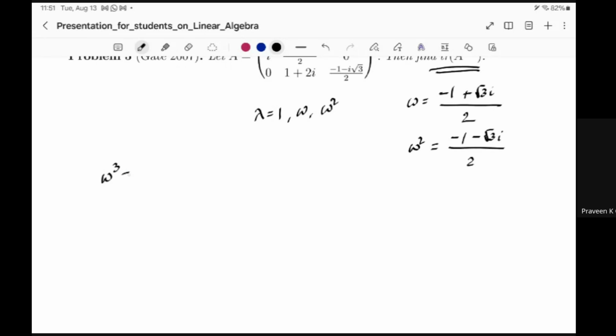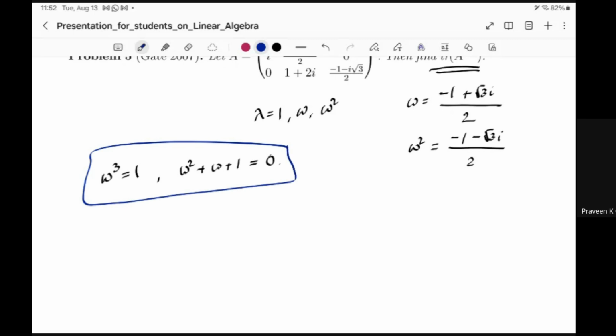Of course, this is a primitive third root of unity. Omega cubed is going to be 1, and also omega squared plus omega plus 1 is equal to 0.